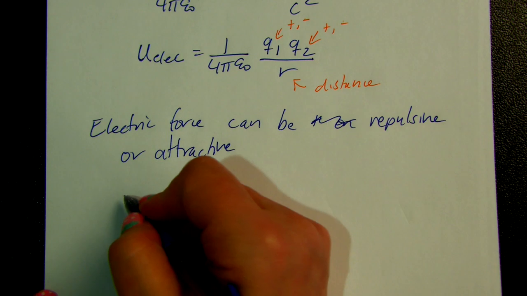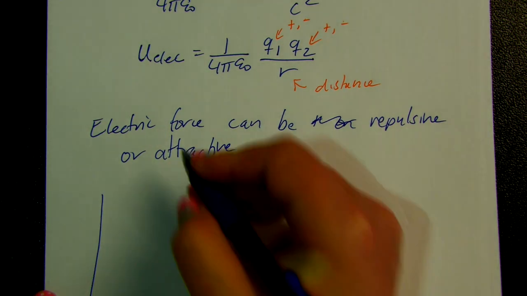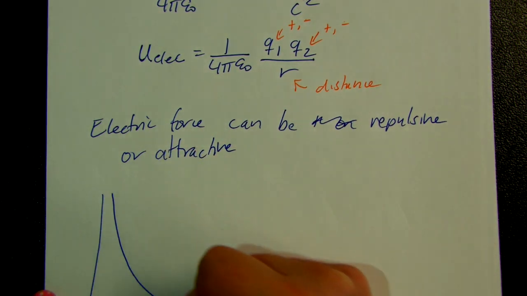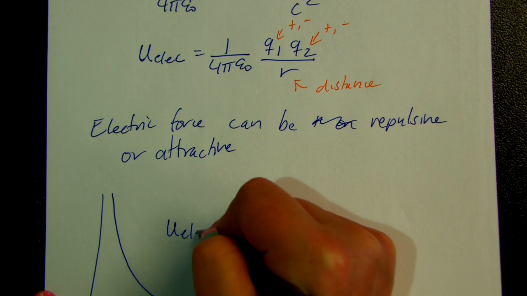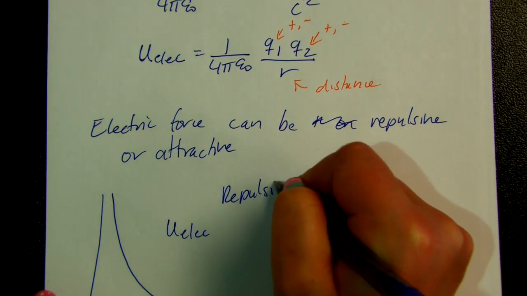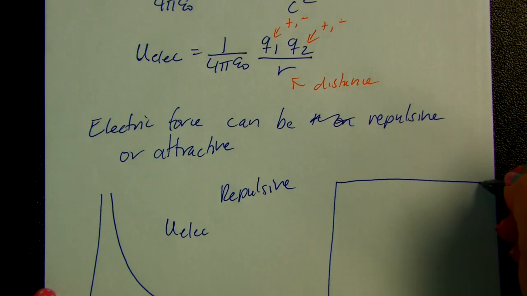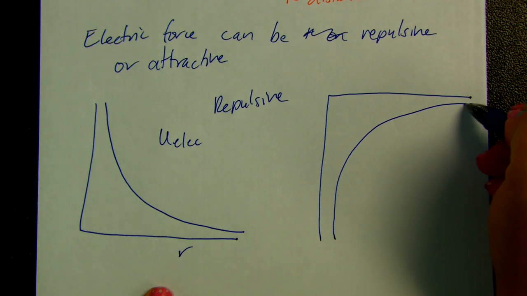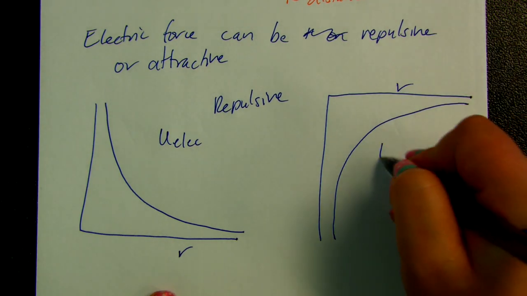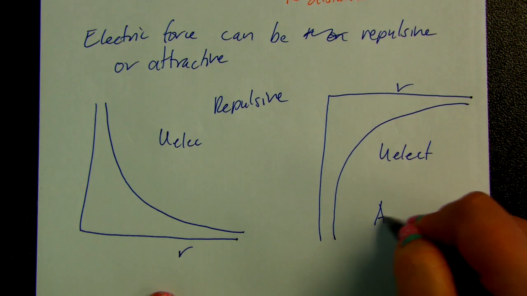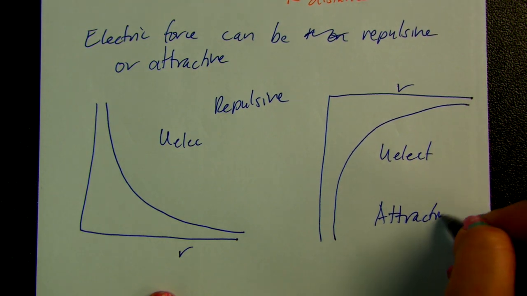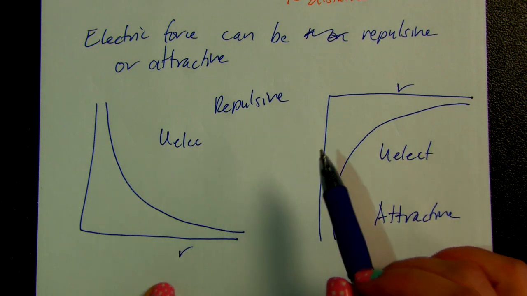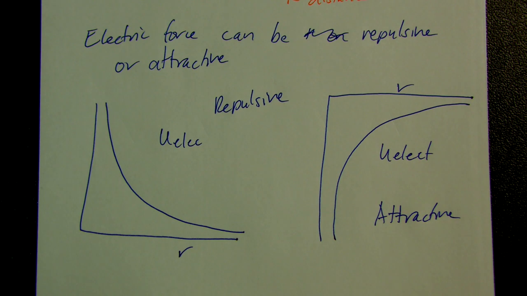In a repulsive situation, so that would be not like gravity, if we were to look at the potential energy with respect to R, we would see a relationship like this. And for an attractive electric force, we would see something that looks a lot more like what we saw with gravity. This is what's going to happen to the potential as the space between two objects changes.